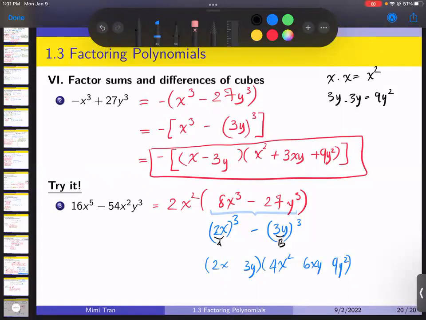So same, opposite, always positive. And don't forget to bring down 2x squared. 2x times 3y, for the middle term you multiply them together. Oh. Yeah.